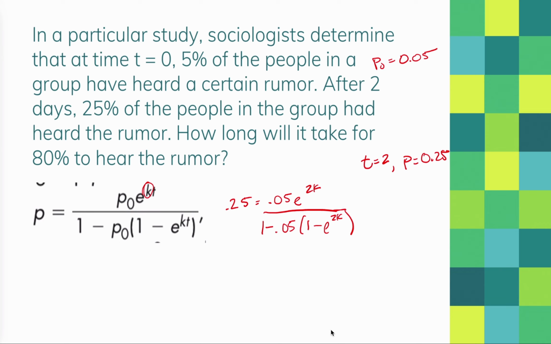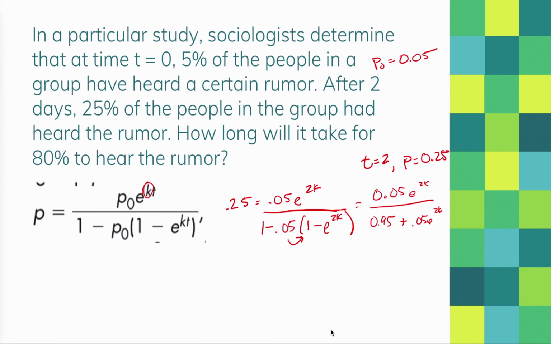Well, first I'm going to clean up this denominator here. 1 minus 0.05, if I distribute this 0.05, that's plus 0.05 e to the 2k. And I can change that 1 minus 0.05 to be 0.95.